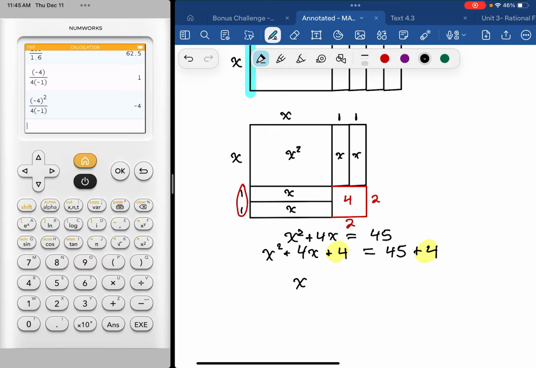Then I can factor. When I write it down, it looks like I'm just using the traditional completing the square method. But the way I'm getting that x plus 2 is because this side of the square is x plus 2, and so is this side, x plus 2. To find the area, length times width, is x plus 2 times x plus 2, so x plus 2 squared.